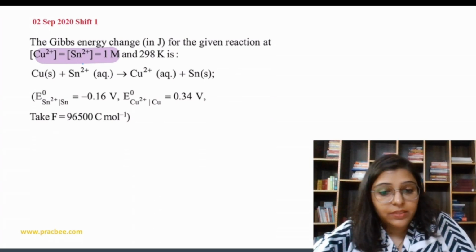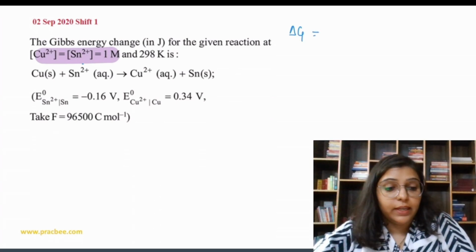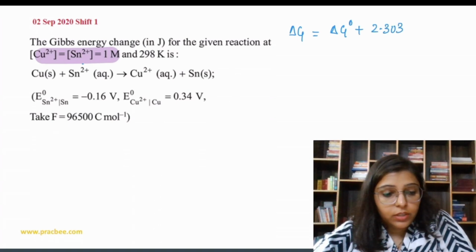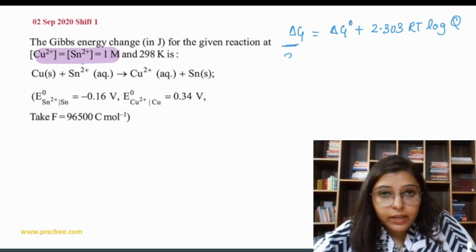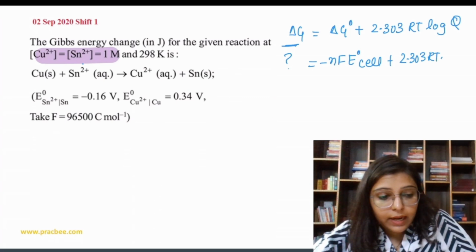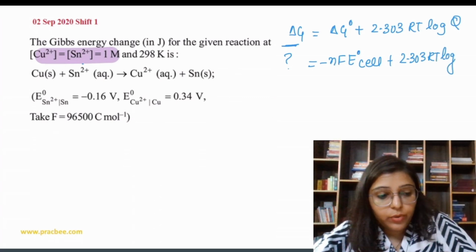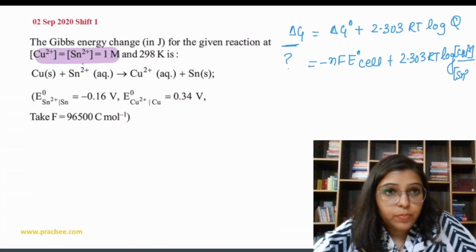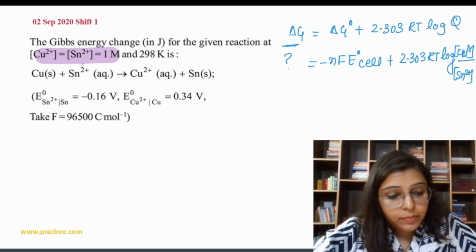Gibbs energy change means we use this formula: delta G is equal to delta G naught plus 2.303 RT log Q. Delta G naught we can find by minus NF E naught cell, and in place of Q we write copper 2 plus concentration divided by Sn2 plus concentration.